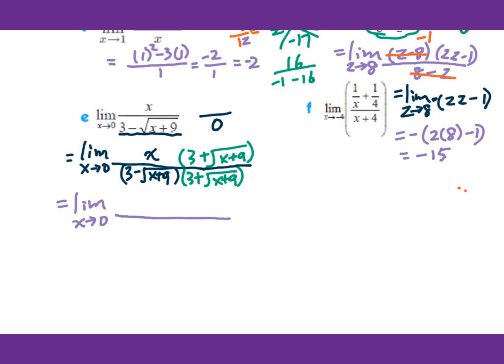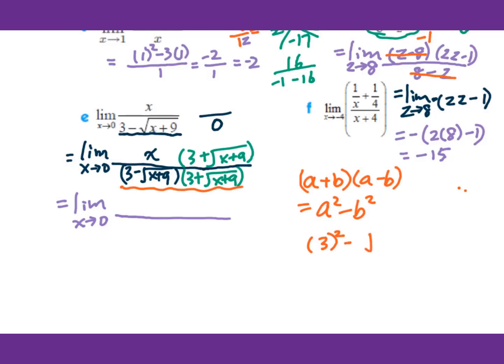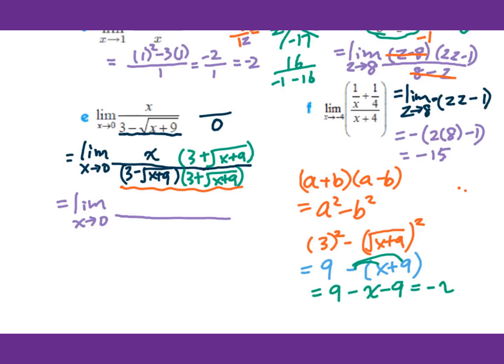For the conjugate multiply, we know that a plus b times a minus b is a squared minus b squared. Therefore, for this one, we will get 3 squared minus square root of x plus 9 squared. That is 9 minus parentheses x plus 9. Then do the distributive property for this negative sign. 9 minus x minus 9, you will get negative x.